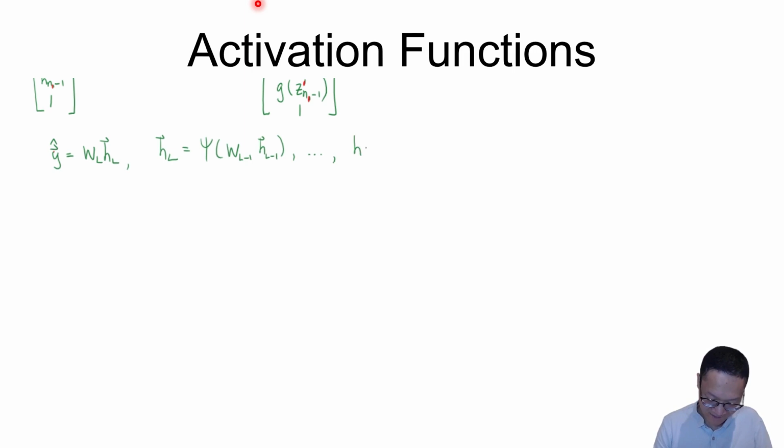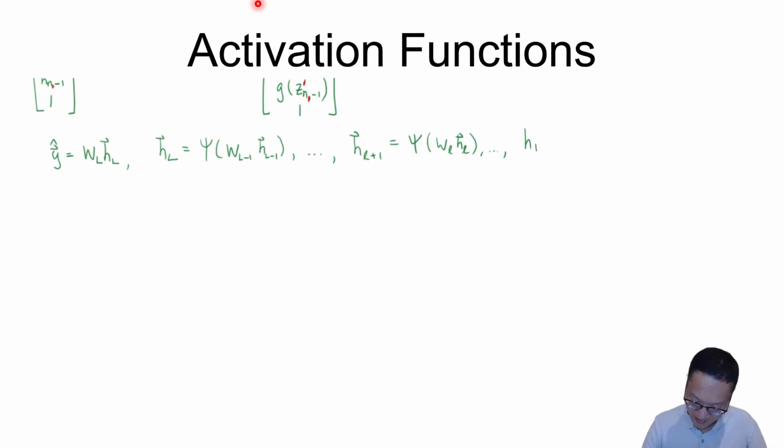In general, we have h_{L+1} equals psi of W_L h_L, all the way down to h_1 equals psi of W_0 x. I'm just ignoring the ones and the biases to keep the writing simpler.